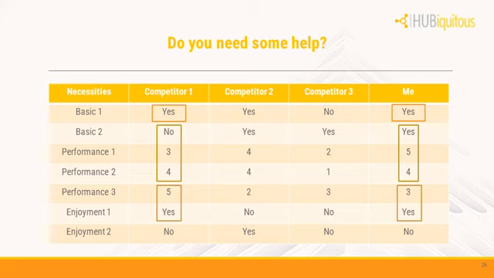So we have to put the focus on the basic necessities, and we can see that competitor 1 only meets one of the 2 basic necessities, while we meet both of them. So we can see that our solution is the winning solution, and that we have generated a value proposition that is better than the competitors' value proposition. In fact, it is the best.